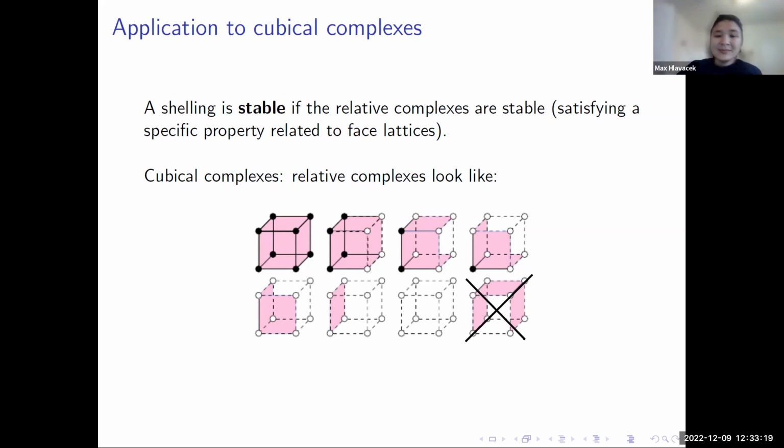So here is a picture. If we had a 4-dimensional cubical polytope, then the faces would look like these cubes, and specifically the relative complexes induced by the shelling would look like these cubes with some amount of facets removed.